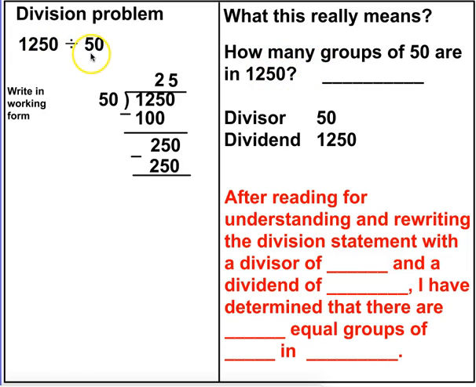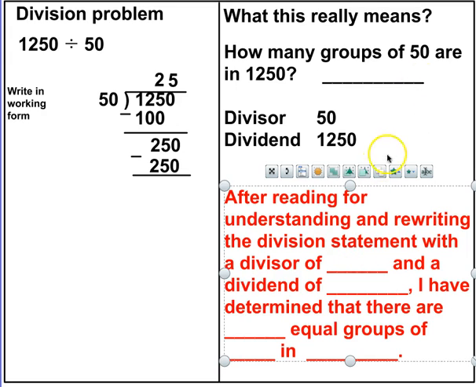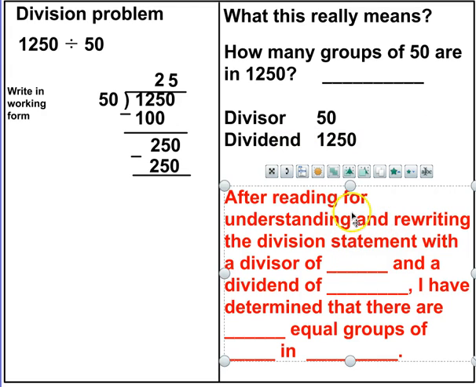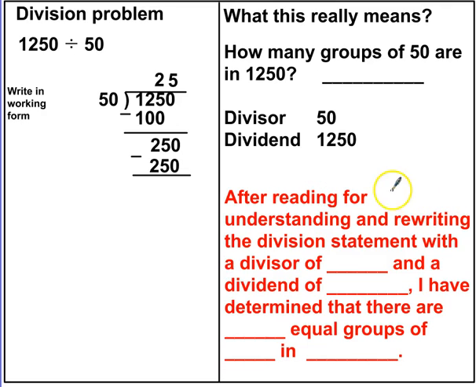Reading this expression for understanding, and rewriting the division statement with a divisor of 50 and a dividend of, I thought I had put those here, so I'm going to write them in. A divisor of 50 and a dividend of 1,250.